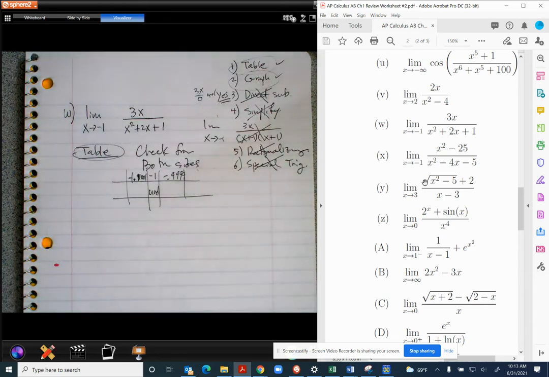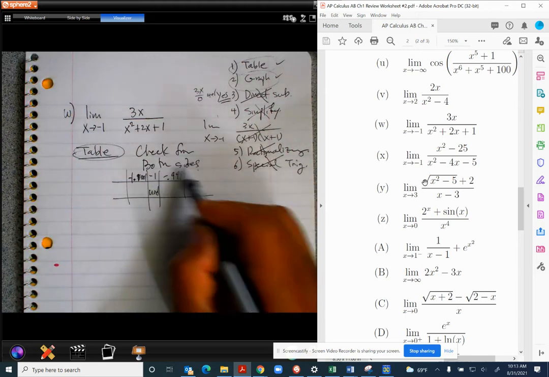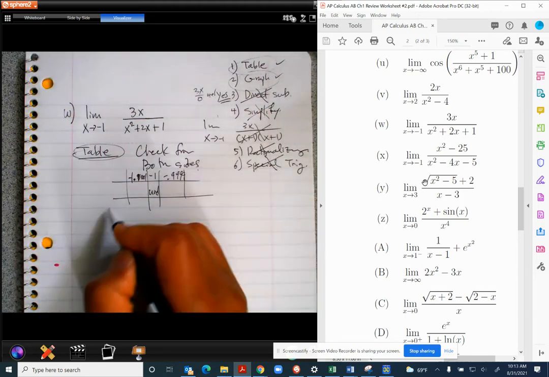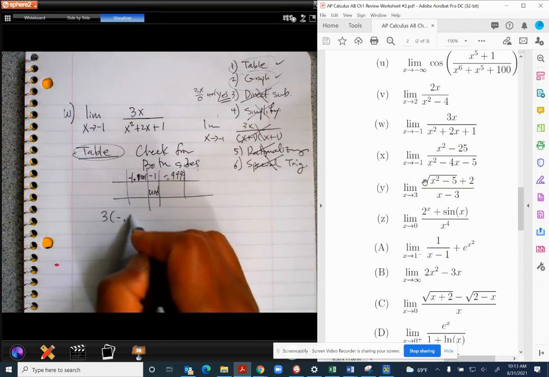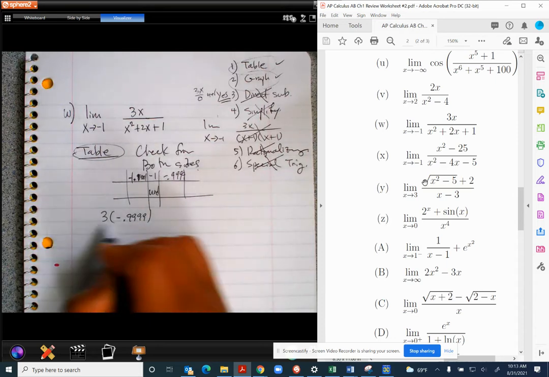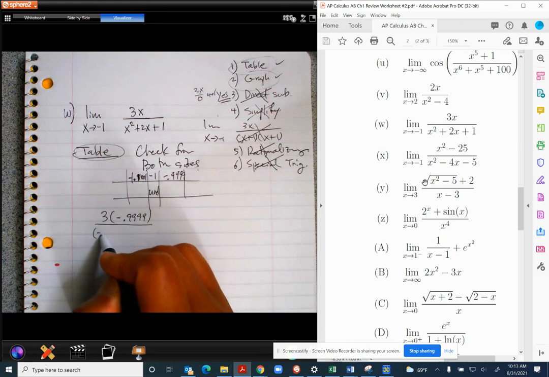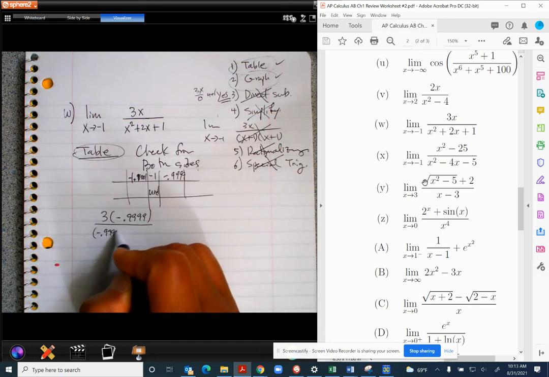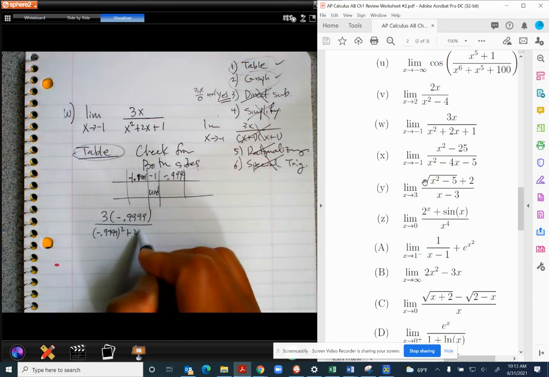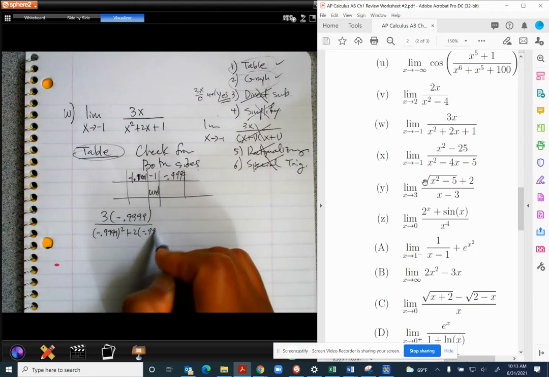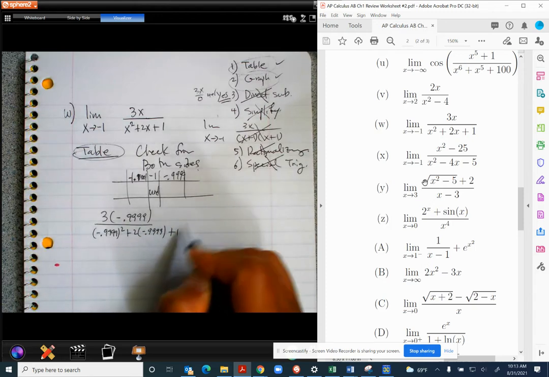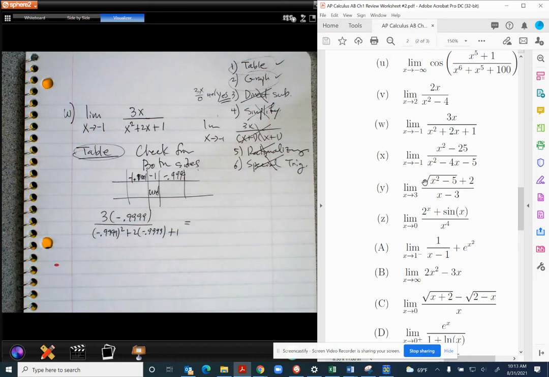I know that this is very tedious. You don't need a graphing calculator for this, but can someone calculate 3 times -0.9999 over -0.9999 squared plus 2 times -0.9999 plus 1. Can someone tell me what that number is equal to?